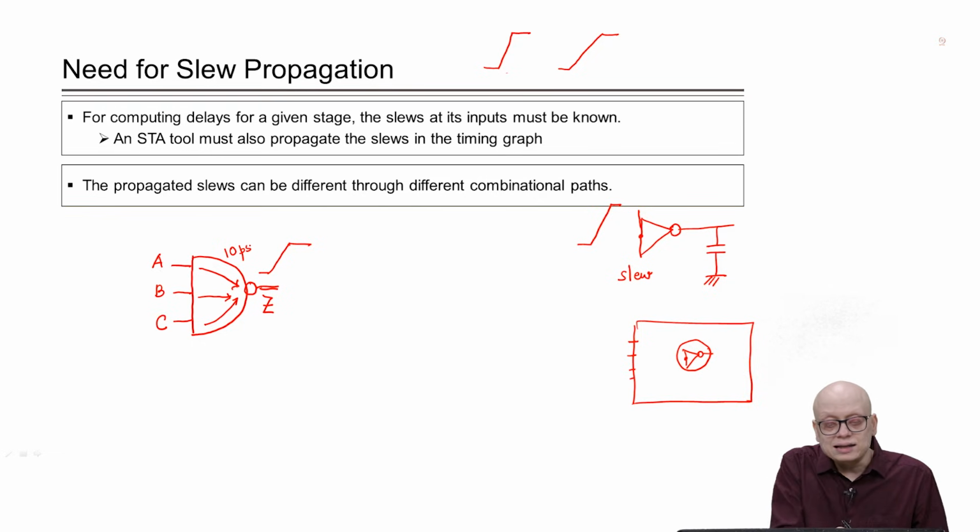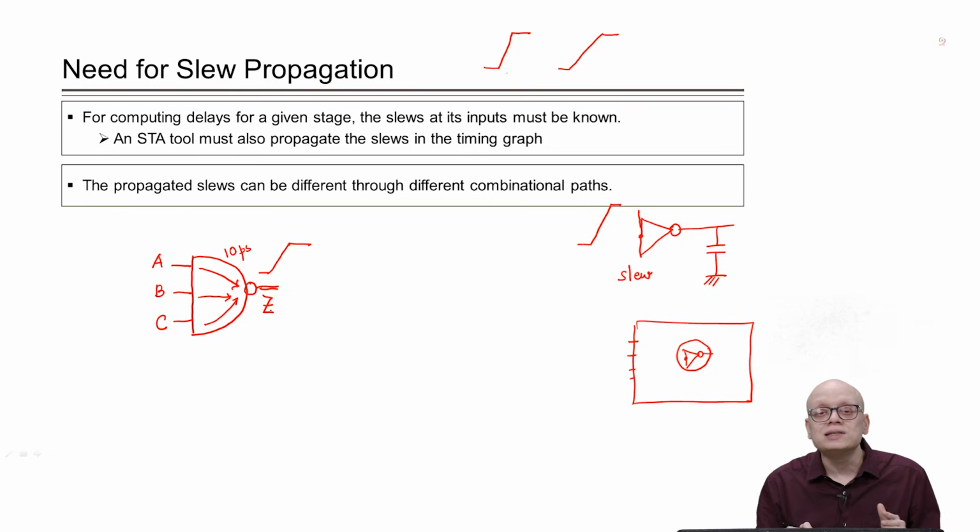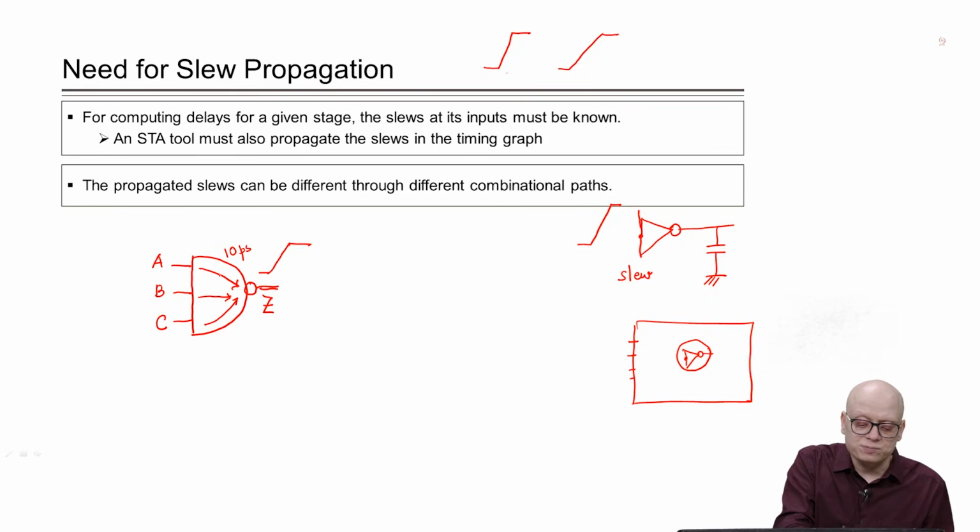For the other arc from B to Z, there will also be some output slew depending on the characteristics of the timing arc B to Z and what incoming slew was there at the input pin B. Let us assume that the output slew for the timing arc B to Z is 15 picoseconds.